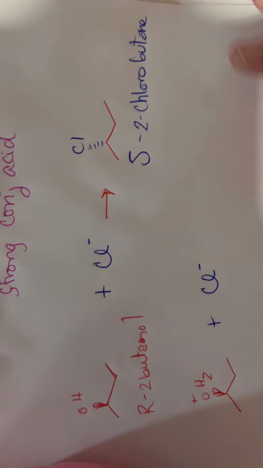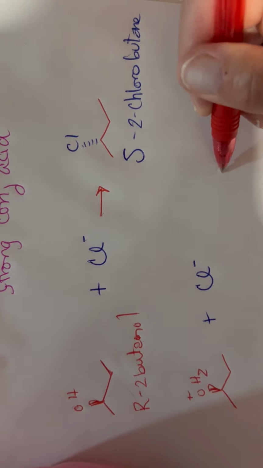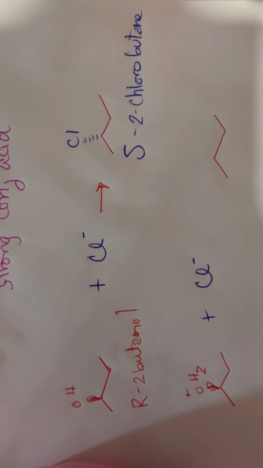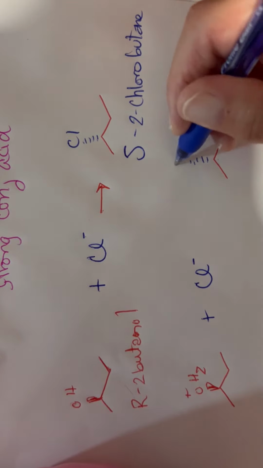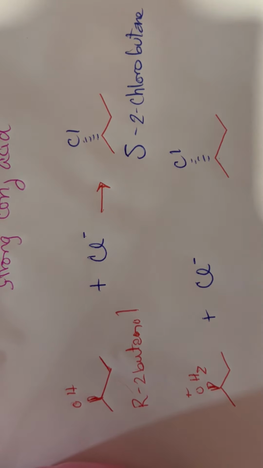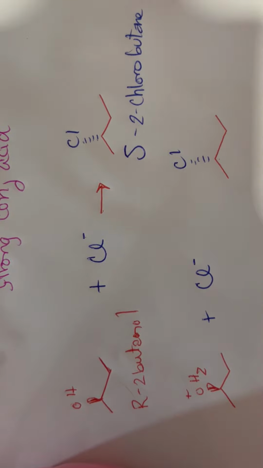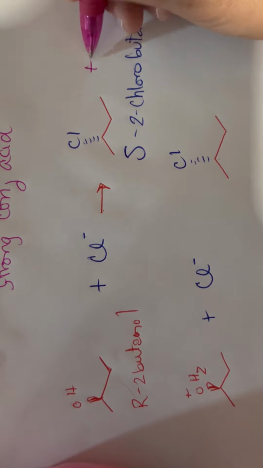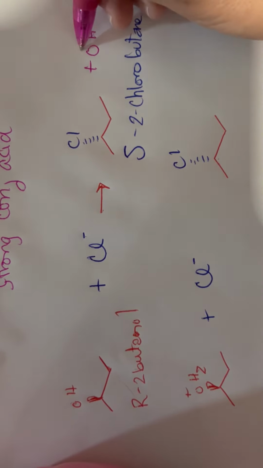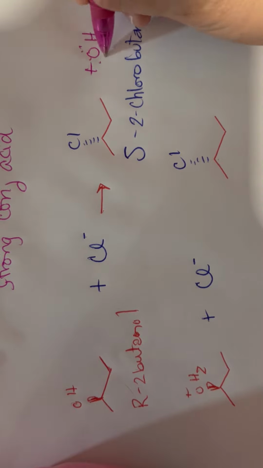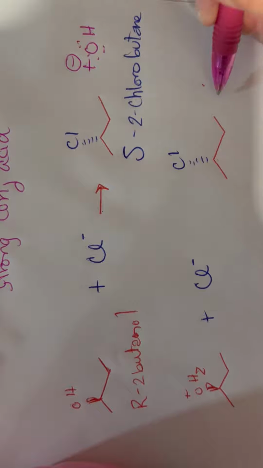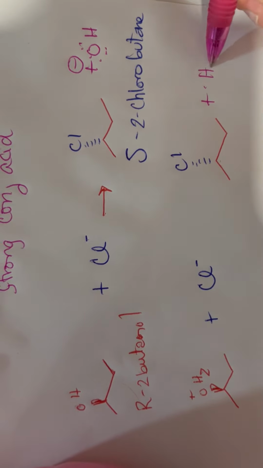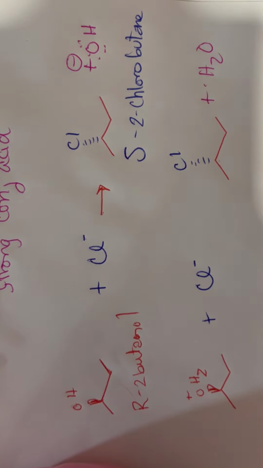Whoops, sorry about that. But only one is really going to go forward. And let's look at our 2 leaving groups. This one I have plus OH minus as my leaving group. And this I have plus H2O as my leaving group.